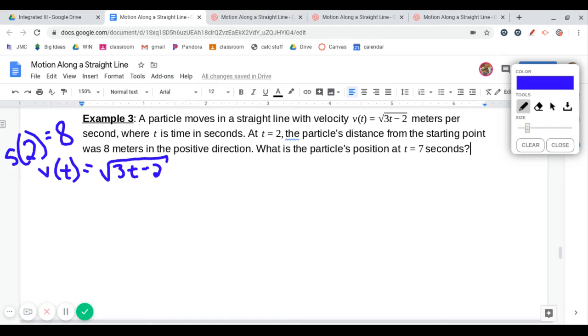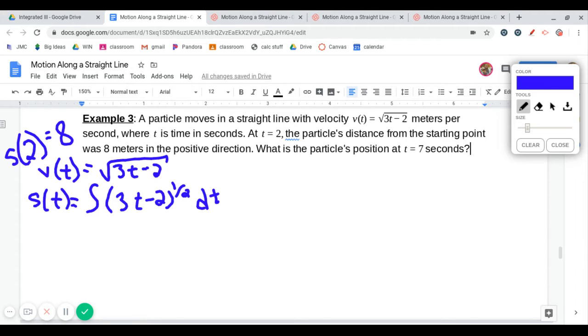Okay, now remember that the position function is going to be the integral of the velocity function. So s of t equals the integral of, I'm going to rewrite this as, 3t minus 2 to the 1/2 power dt.